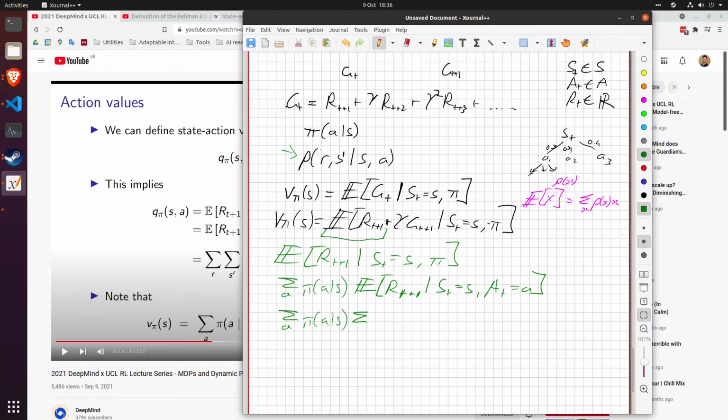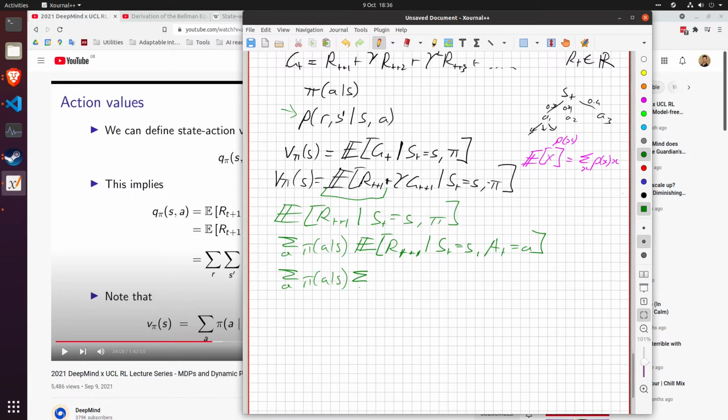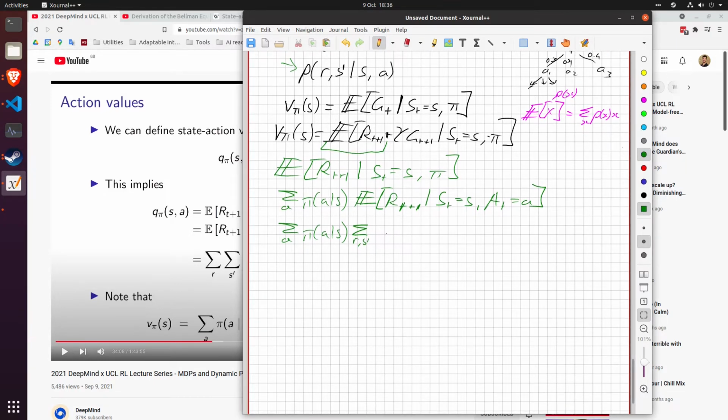And because I've got two variables here, I'm doing the sum over r and the sum over s prime. Equivalently, I could have written sum over s prime, sum over r, and equivalently for notational convenience, I can just write r, s prime like this under one summation. And then this is that probability distribution there, p(r, s'|s), given that we know s, and we've also pinned down a, as I said before.